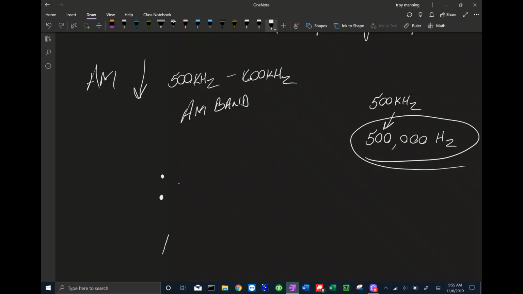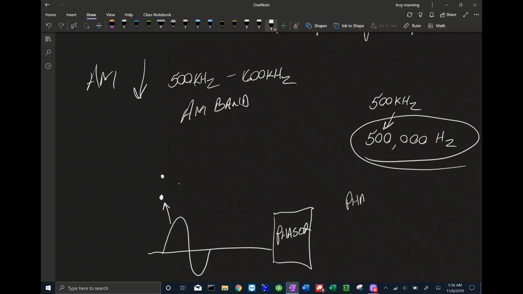And what we do is we take our carrier wave that we're sending to that site, and we'll send it to the main tower just like it is coming out of the transmitter. And then we send the signal through what we call a phasor, right? And what this does is it adjusts the phase of the signal that's going to the second tower.